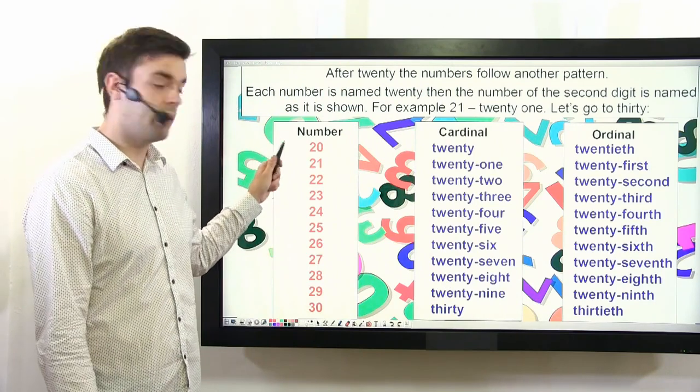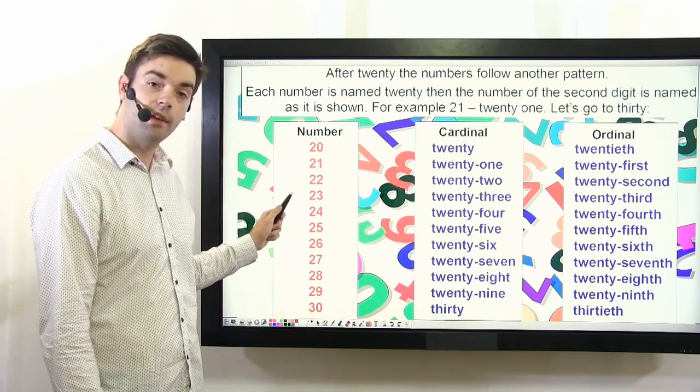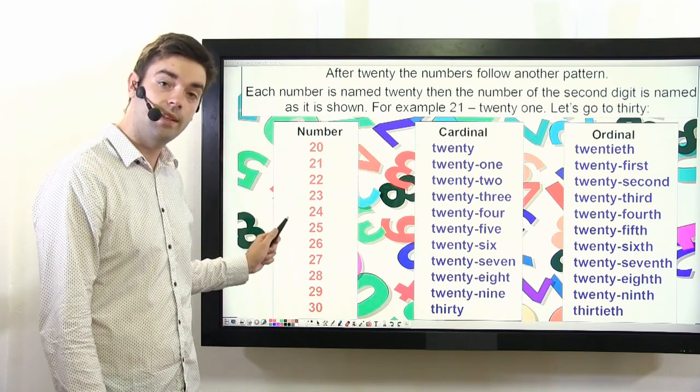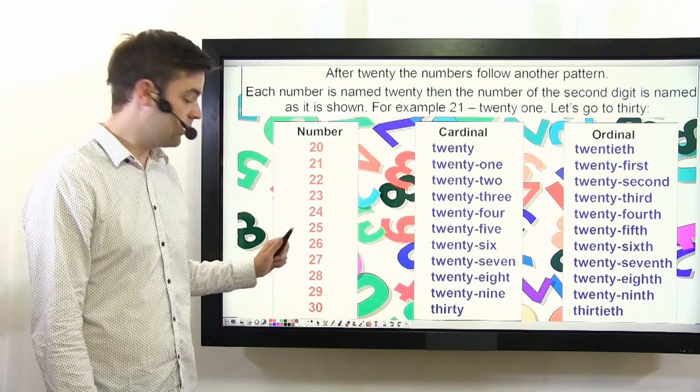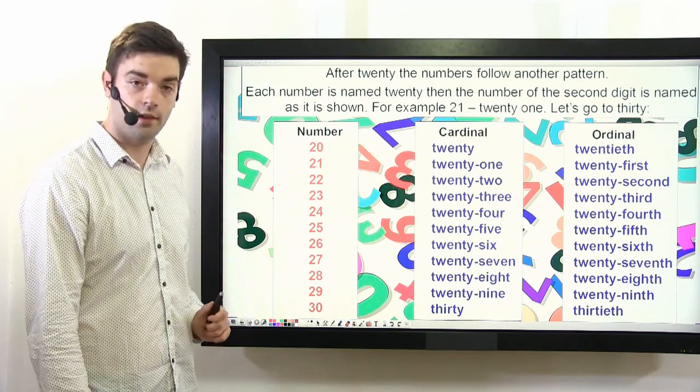So we've got 20, 21, 22, 23, 24, 25, 26, 27, 28, 29, and 30.